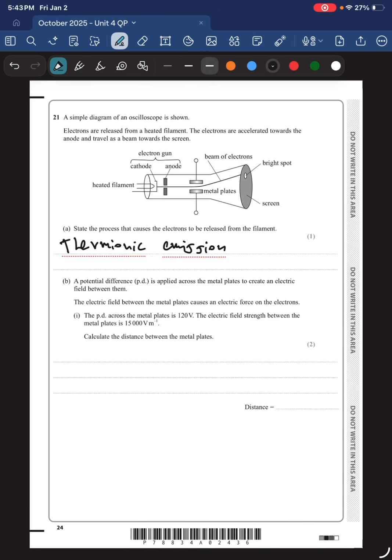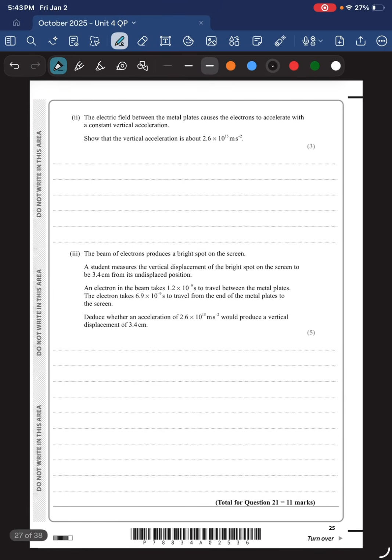Calculate the distance between the metal plates. We know that E is V over d for parallel plates. So d is V over E, and if we plug in numbers, we find 8 millimeters.